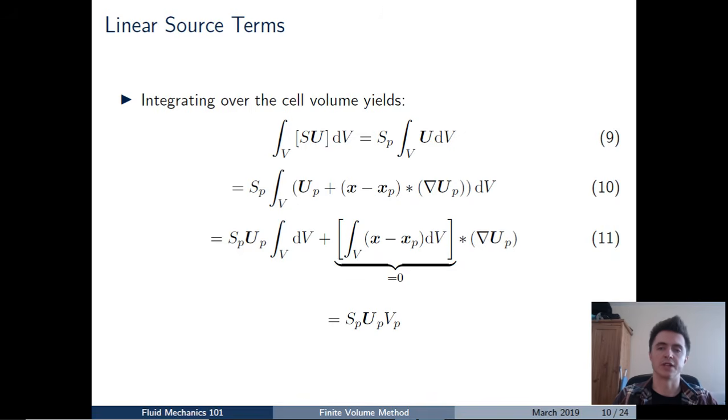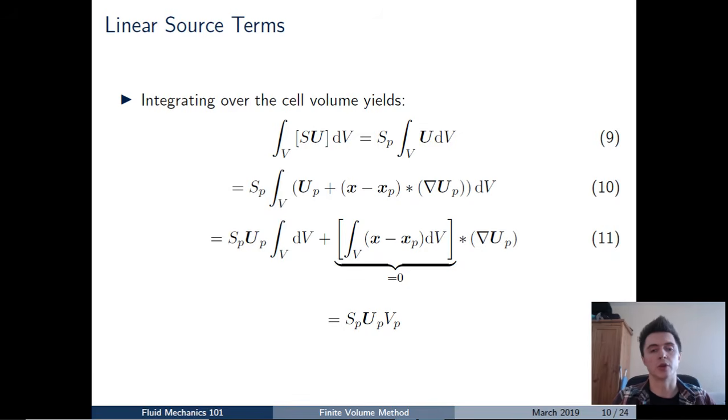So we've said that the velocity variation across the cell is given by up, the value at the centroid, plus the distance between some point in the cell x minus the cell centroid xp, that's the distance vector, multiplied by the gradient of velocity at the cell centroid. So that's grad up there. So we've expanded velocity to give the linear variation across the cell.